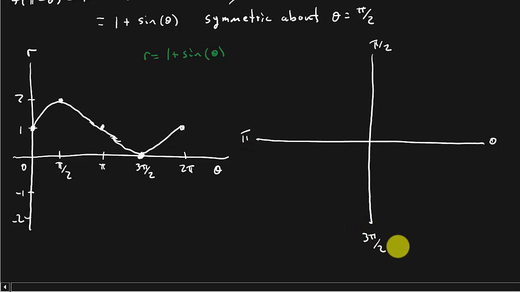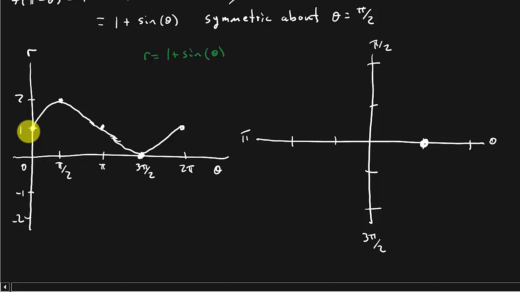So let's see what happens here. So we know when r is 1, theta is 0. So let's do 1, 2, 1, 2, 1, 2. Okay, so we're here. That's this point right here.